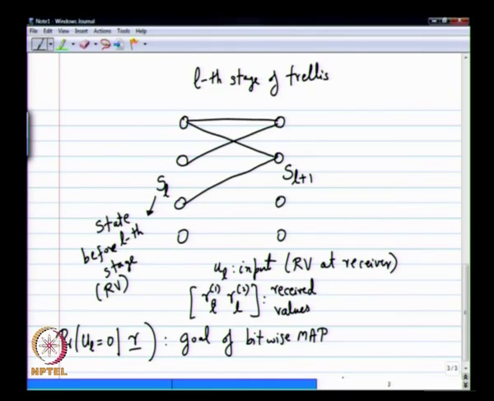So before that, since anyway we are interested in the LLR, it is enough if you compute f of r given UL equals 0. The reason is, if you do the LLR kind of computation, you will see that there will be some a priori probability coming in, but that is definitely half ahead of time.